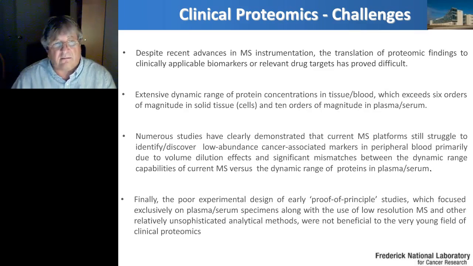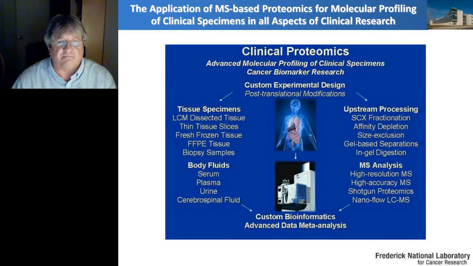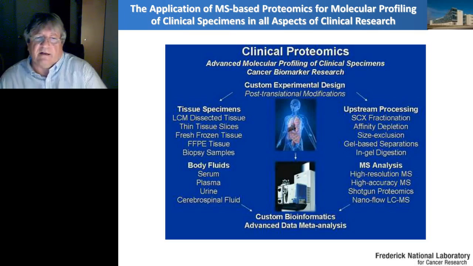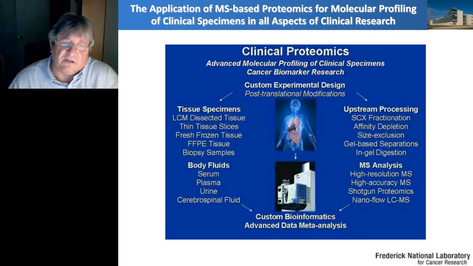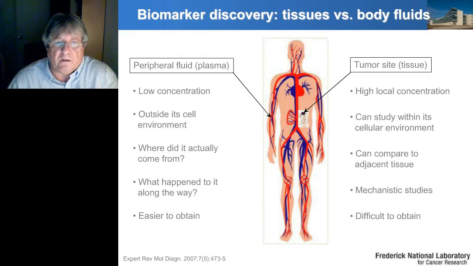So in our lab, what we try to do is use a divide and conquer philosophy, looking into different kinds of tissue specimens and using different separation strategies to minimize and really address the issue of dynamic range, so that we can look at low-abundance, important regulatory proteins.